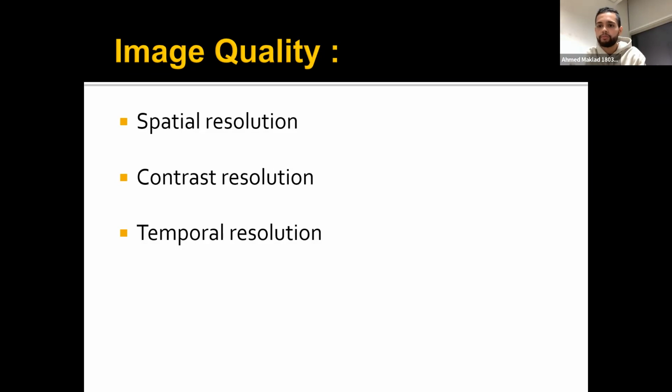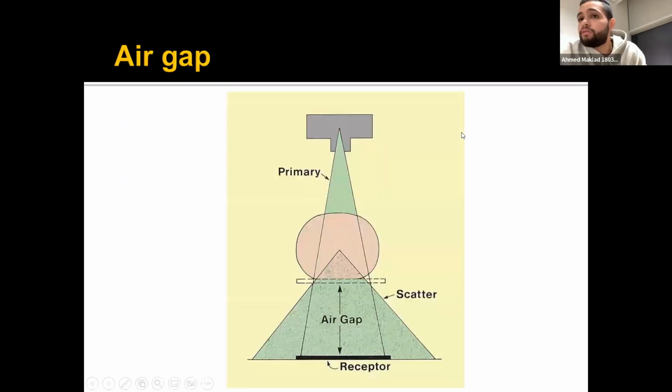Then why don't we stick the receptor to the patient? Why leave a gap? Honestly, I'm not really sure, but I think that's the whole point: you don't leave a gap.